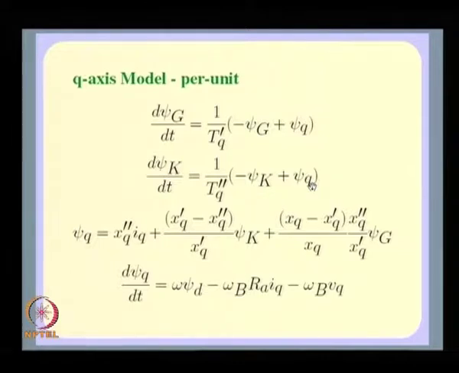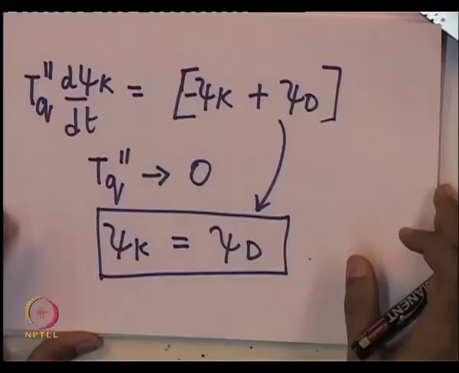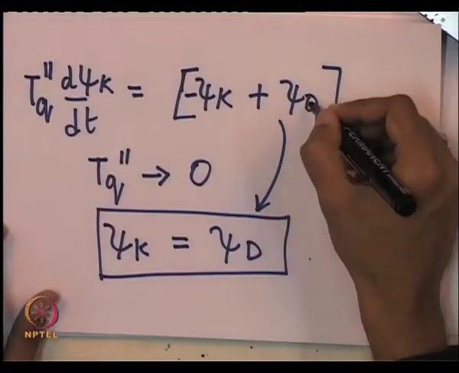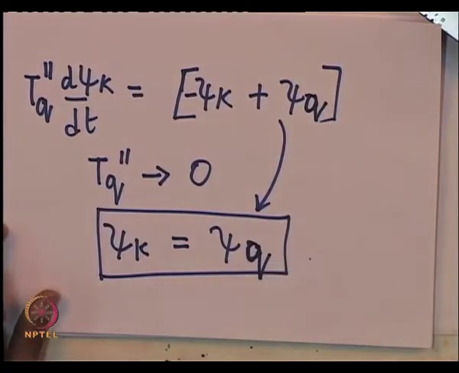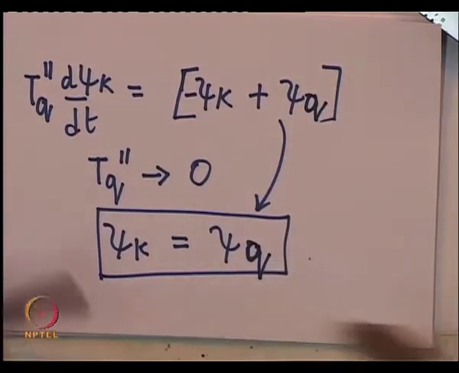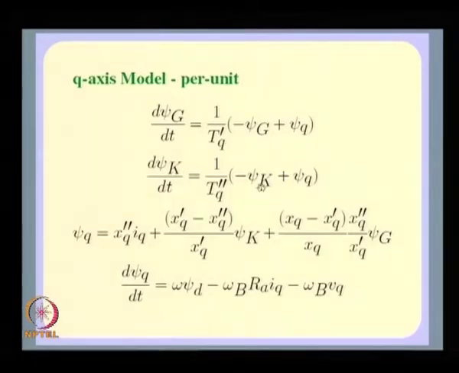I am sorry, this is a small error which I made while writing this. This should have been psi q, this should have been psi q. So, getting back to the slide, you get psi k is equal to psi q.